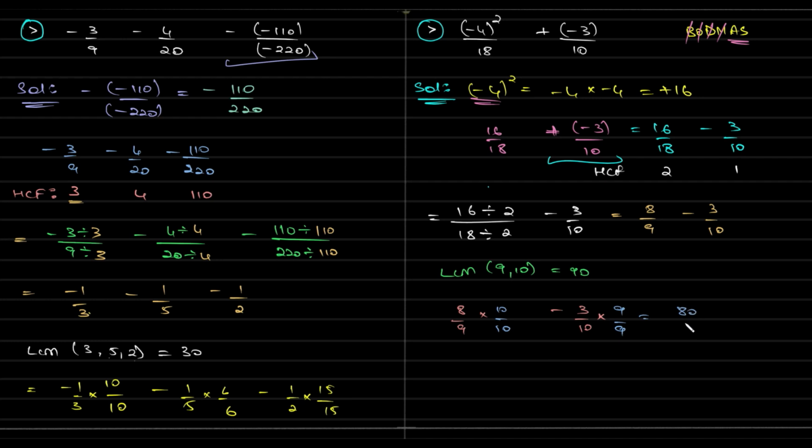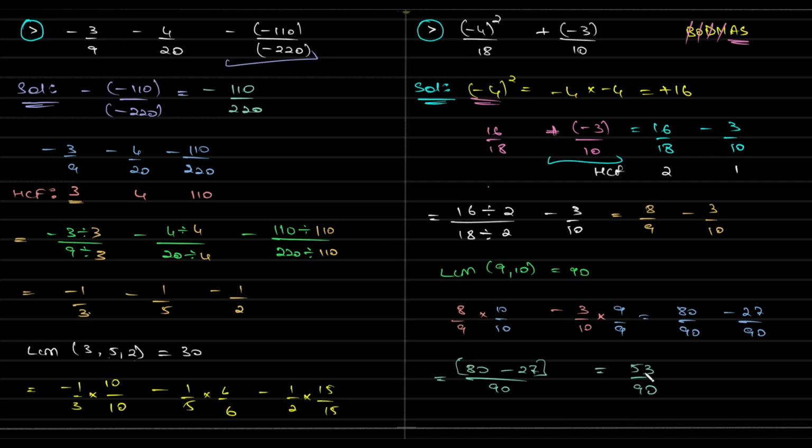This is 80 by 90, and this is 27 by 90. That's it. So the last step will be 80 minus 27 by 90. Right? Since they're like fractions, I can just add or subtract them. In this case, we're going to subtract, and here the difference will be 53 by 90.